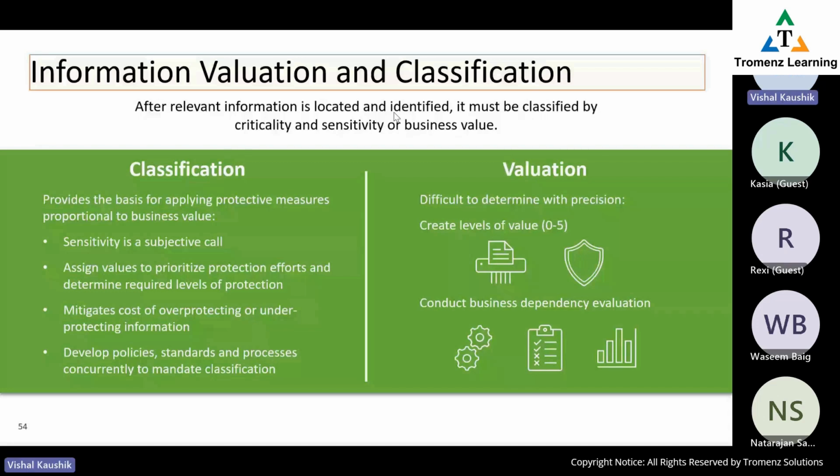Then policies, standards, and processes must be developed concurrently to mandate the classification, to prevent any related problems from getting worse. I think this is the most common one. The U.S. president, former President Donald Trump, and even the current president, there were issues around the information that they carried or that was found in their homes.